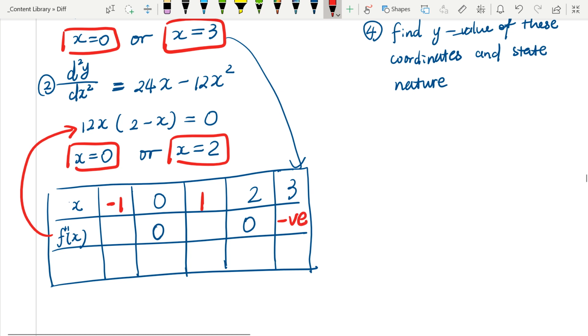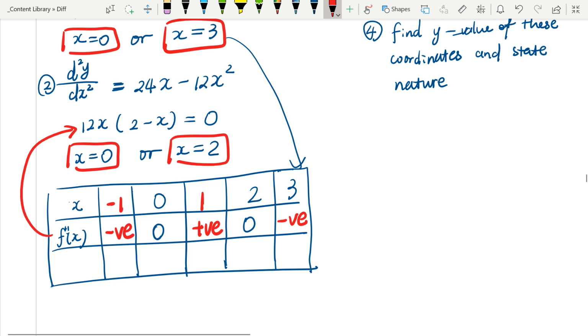I don't need to calculate it out, I can just see if it's positive or negative. So when I sub 3 in, I have negative. When I sub 1 in, do I have positive or negative in the second derivative? Positive. And how about negative 1? Negative 1 is negative.